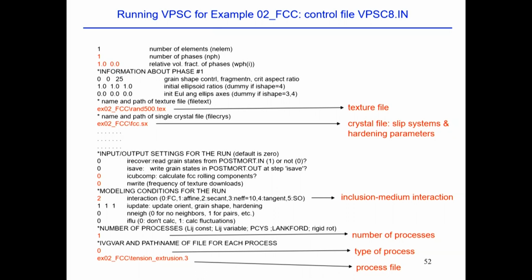Then there is a number of processes that you are going to be performing in the simulation, and what follows is all the processes that you are going to perform. In this case, we are just going to do tension and compression, so there is only one process, but I'm going to show in other examples how you do several processes in a sequence.